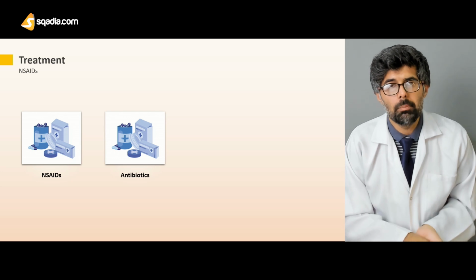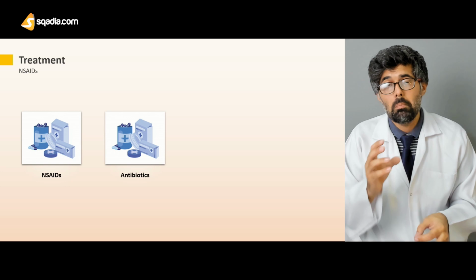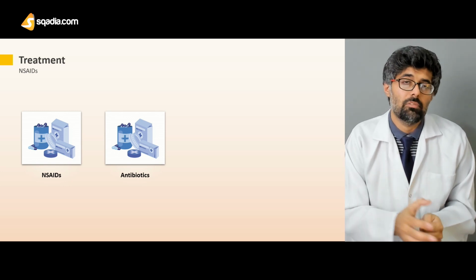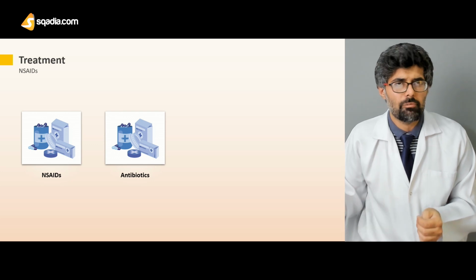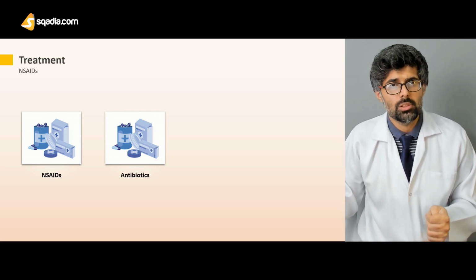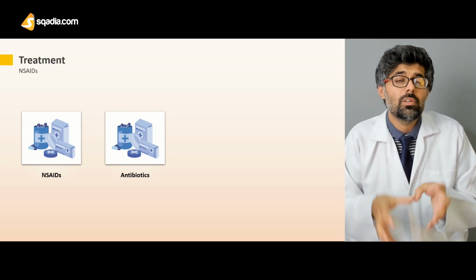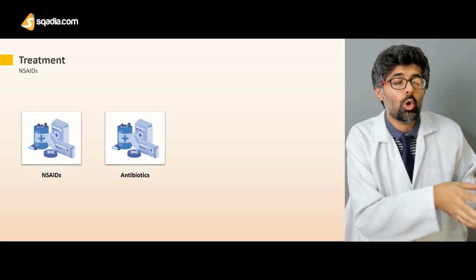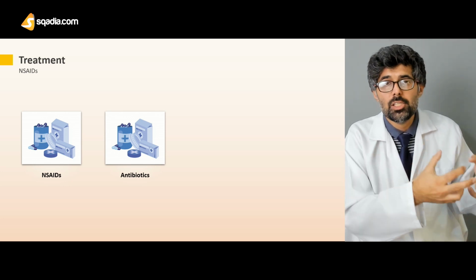Next, we have antibiotics. Now, a prompt antibiotic course might help your patient with reactive arthritis, even though there is little evidence that it will affect the prognosis of the disease, but it will have some effect on the quality of life of the patient because of the antecedent nature.